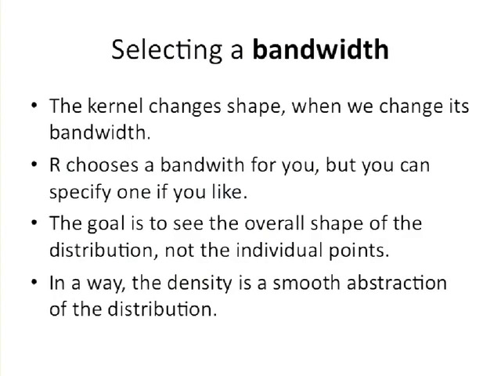This is called picking the bandwidth, which is how wide or narrow your kernel is. R does that for you automatically, but it also allows you to change the kernel's bandwidth if you like. When it's small, you've got a very narrow peaked kernel, and when it's large, you have a very broad flat kernel.